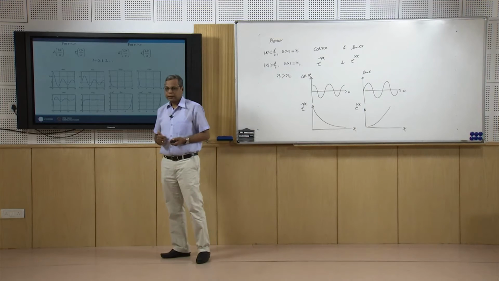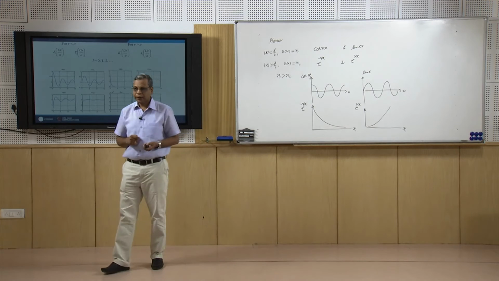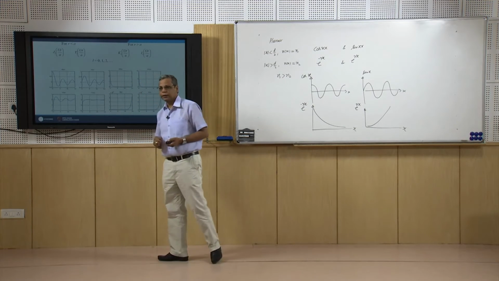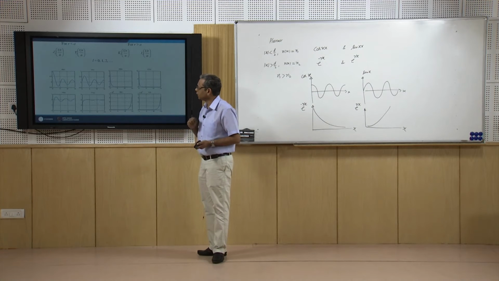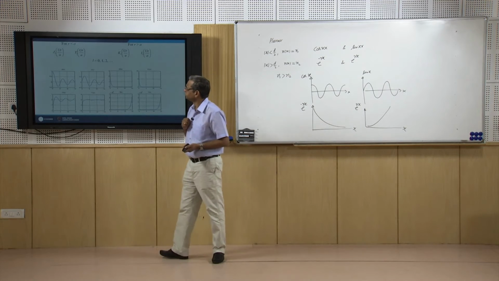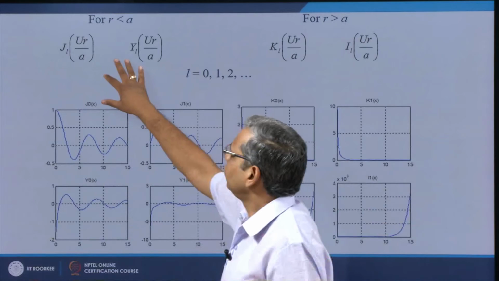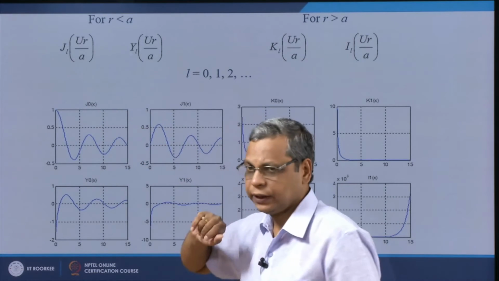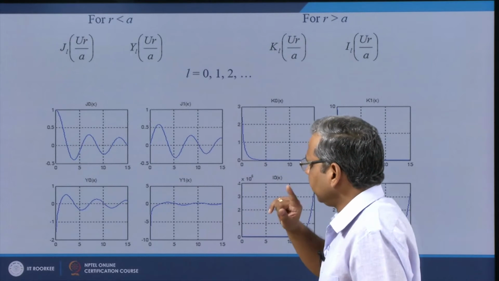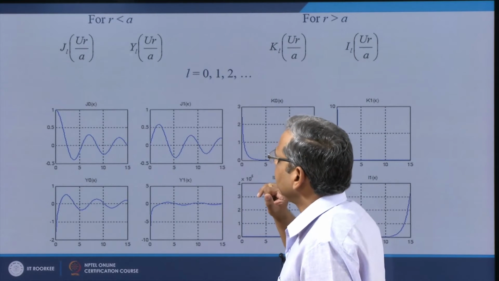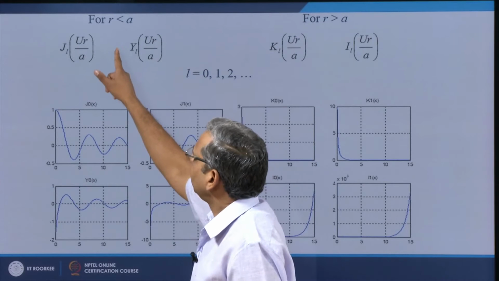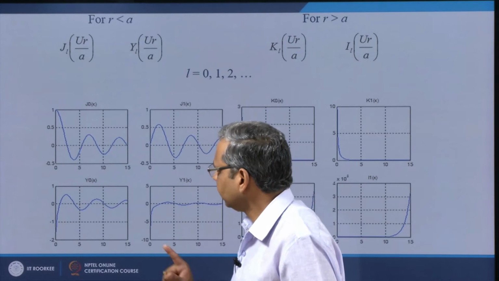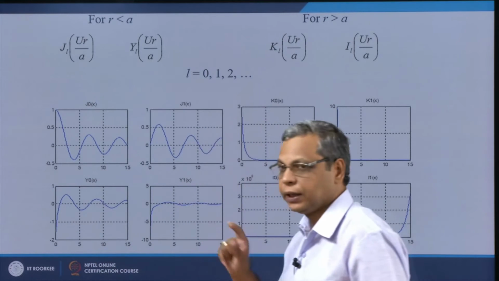Now remember that I want to find out the guided modes. So, which functions to choose in which region, that I will have to take care of. In the core, I need oscillatory functions. Of course, the solutions are oscillatory here, but I should pay attention that in the core I have r equal to 0, and if I have r equal to 0, then these functions will blow up at r equal to 0.